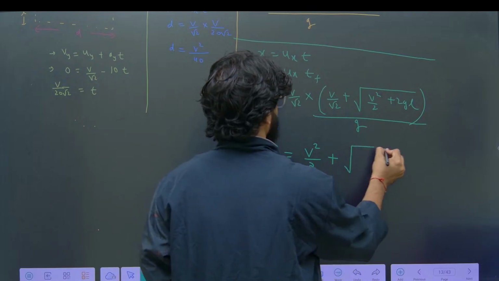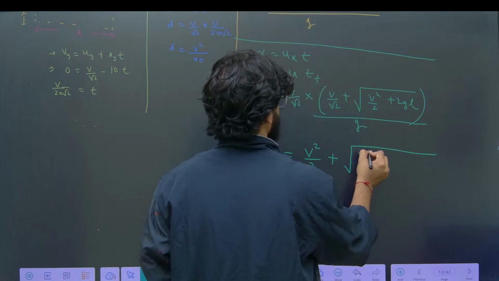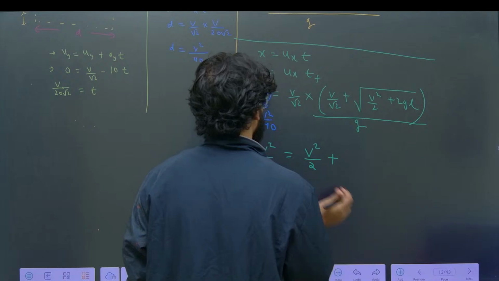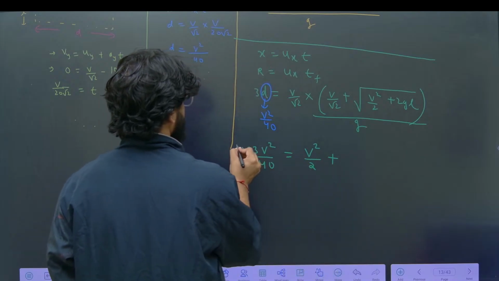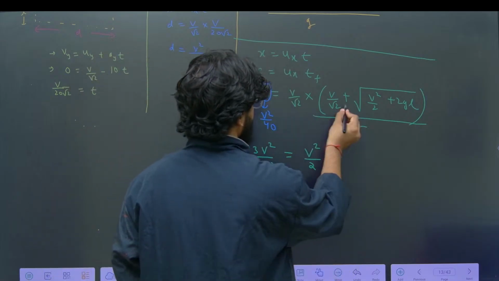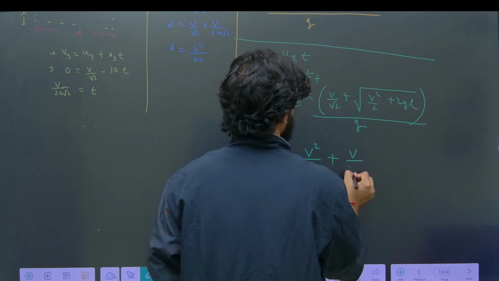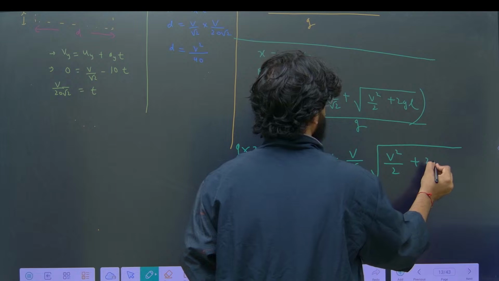Okay, do not take it inside, it's a very weird number. Let's multiply with g over here, so this will make things a little easier. V by root 2 and v square by 2 plus 2gl.